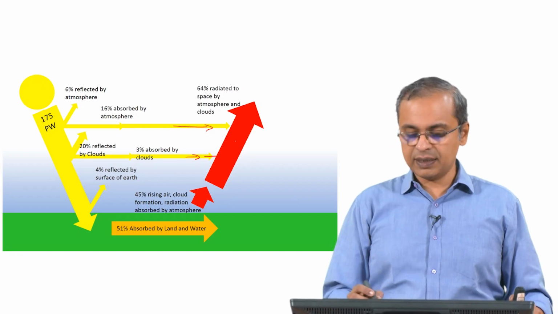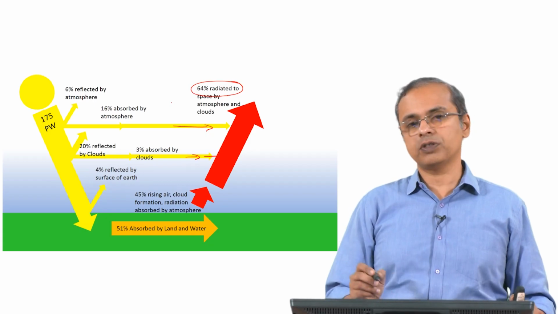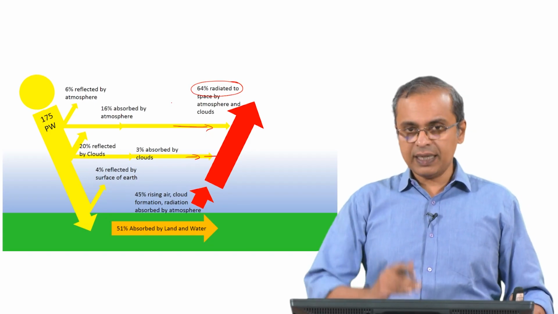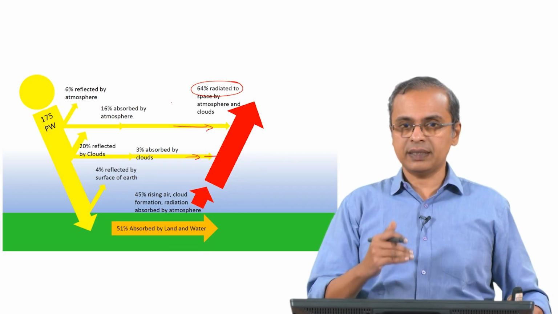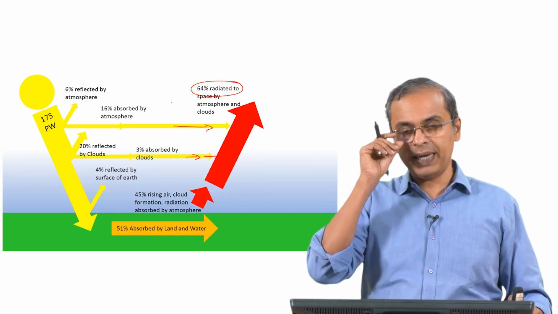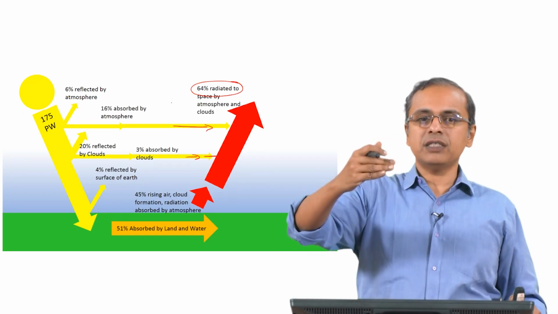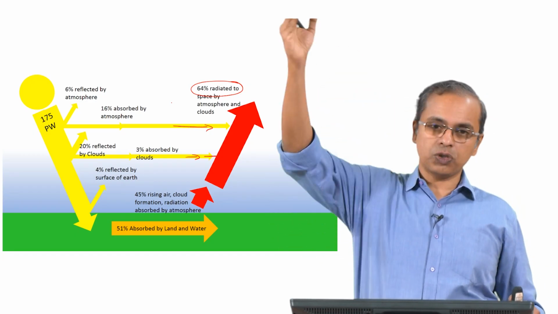So, that is 64%. So, 64% gets radiated to space by atmosphere and clouds. Whatever comes to the land and water gets absorbed there, except for the 4% that is reflected back, and then it transfers the heat back to the atmosphere as well as the clouds, and from the atmosphere and the clouds it goes back into space.